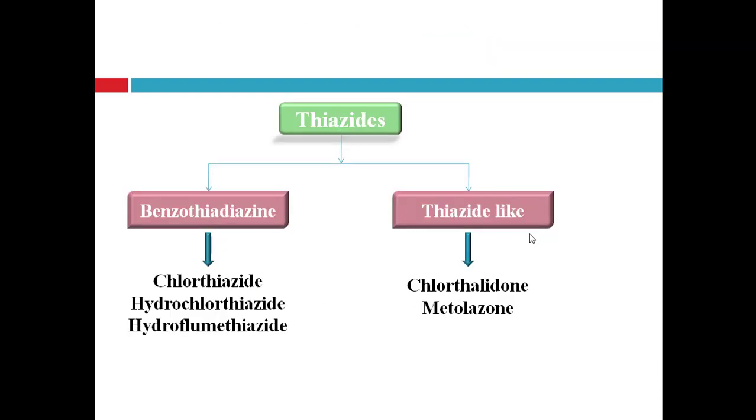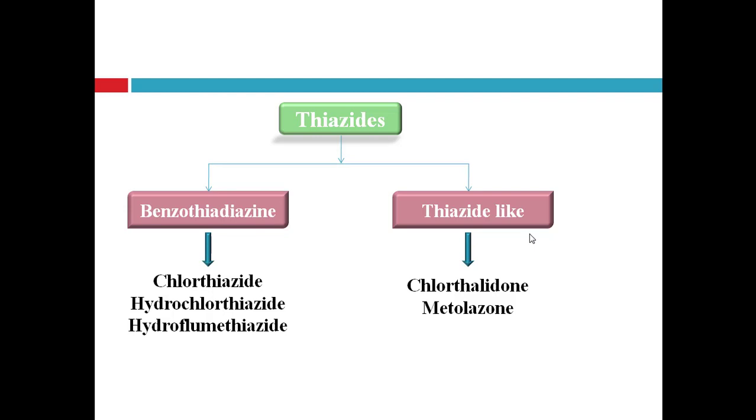Now thiazide diuretics are again classified into 2 classes, benzothiazide and thiazide-like. Thiazide-like drugs are similar in action or pharmacological response to the benzothiazide. That's why they are known as thiazide-like diuretics.